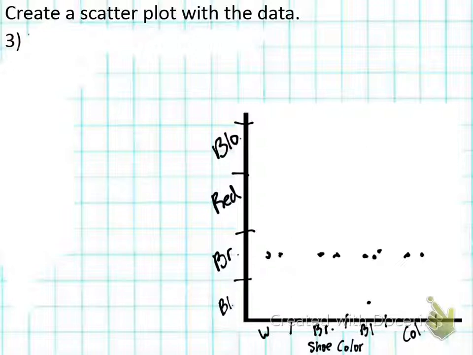Color of your hair? Brown. Color of your shoes? Black. Color of your hair? Blonde. Why is it so hard?